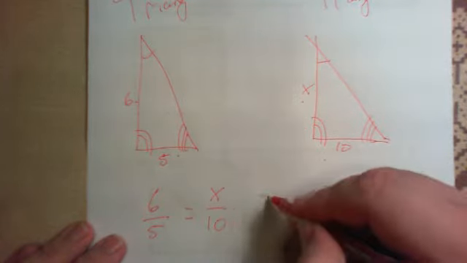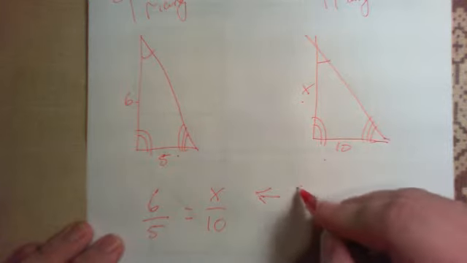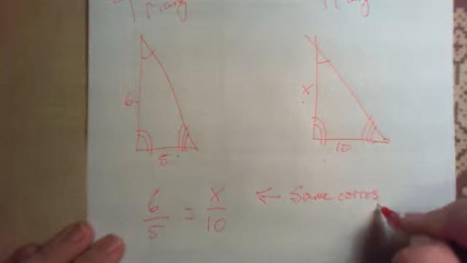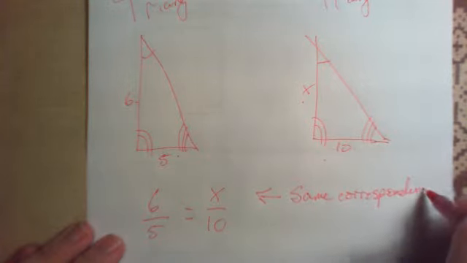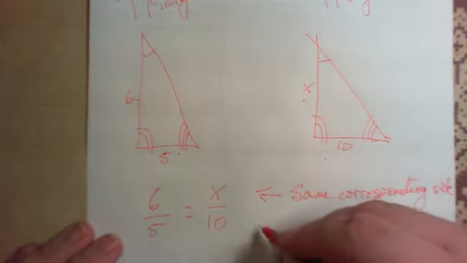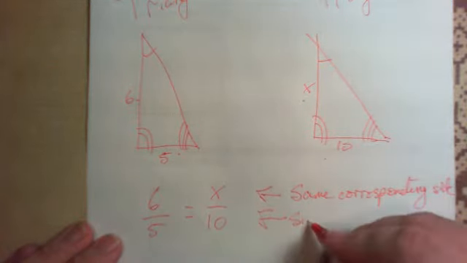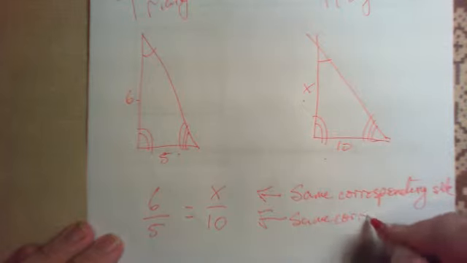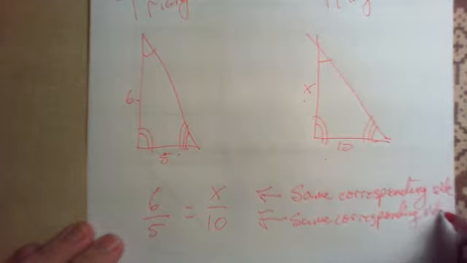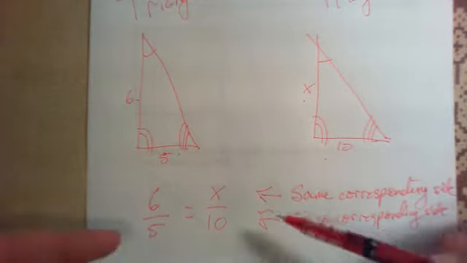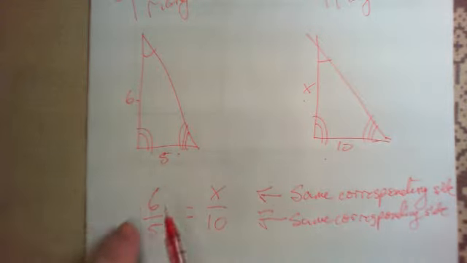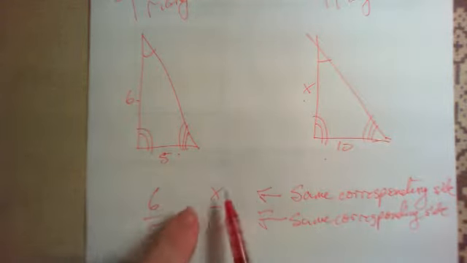Now notice up here, same corresponding side. And once again, same corresponding side. This is very important. You put the same side on the top and the same side on the bottom. Okay? So triangle A, this side, triangle B, this side.